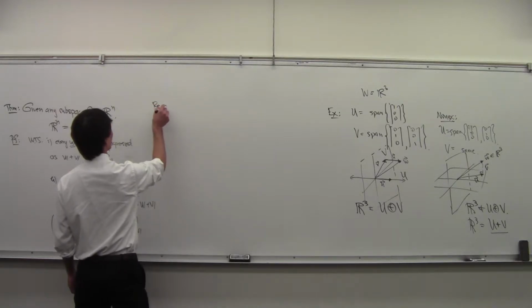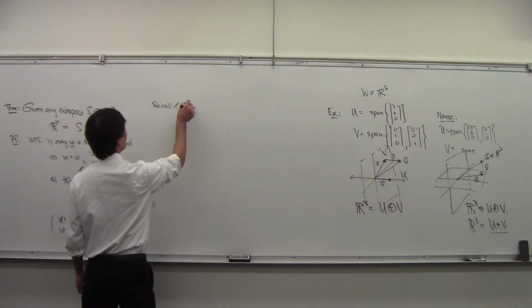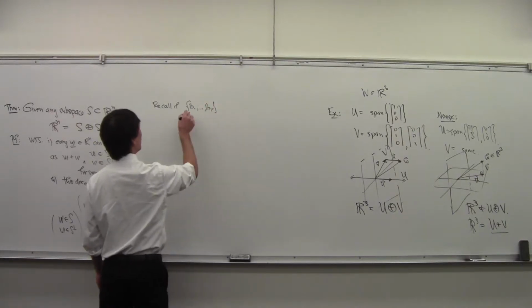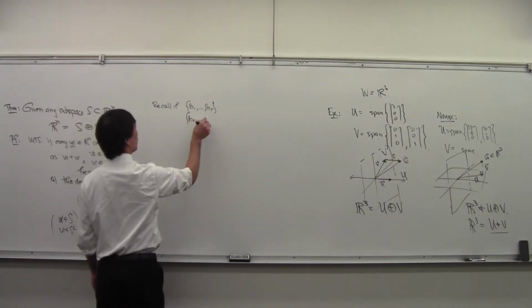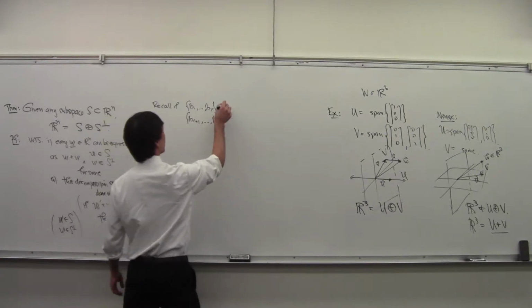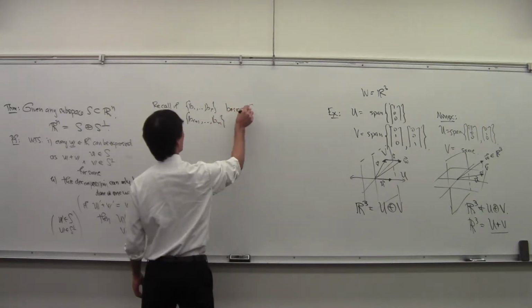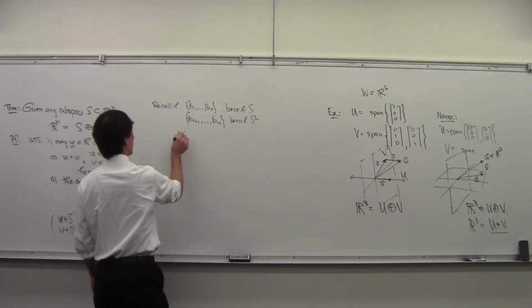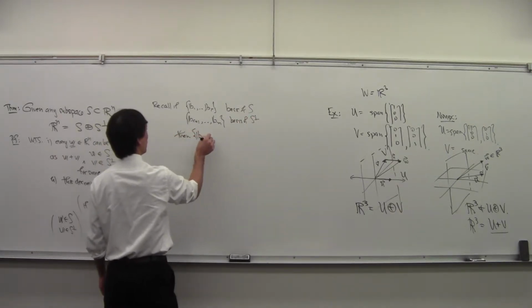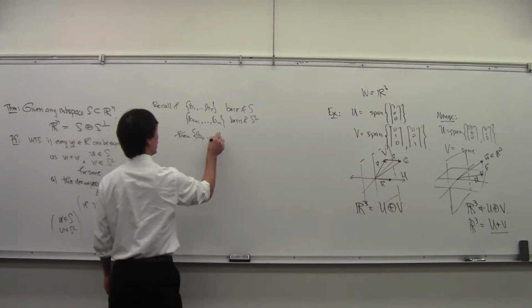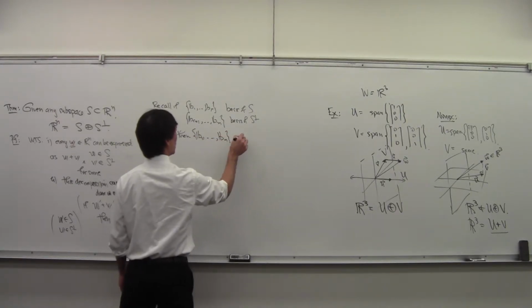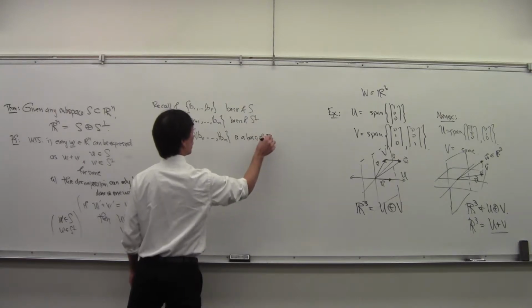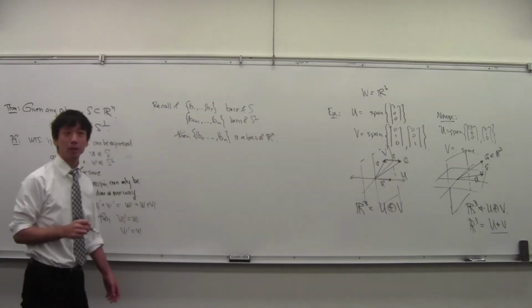Recall that if we have B1 to BR and BR plus 1 to Bn, a basis of S and a basis of S perp, then the union, B1 to Bn, is a basis of Rn, right?